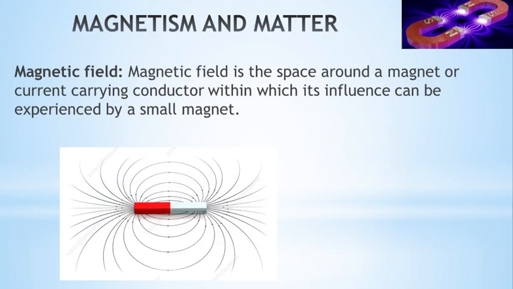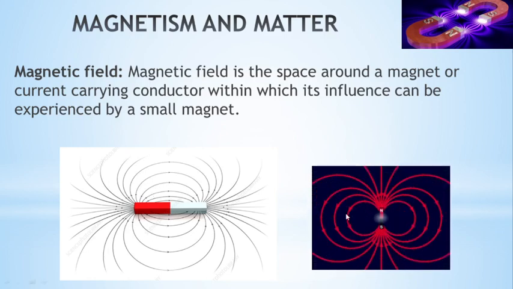Okay, see here. This magnetic field is not visible. Then how to represent it? Once again, Michael Faraday gave the idea to represent the magnetic field in terms of lines, and those lines are called magnetic field lines.